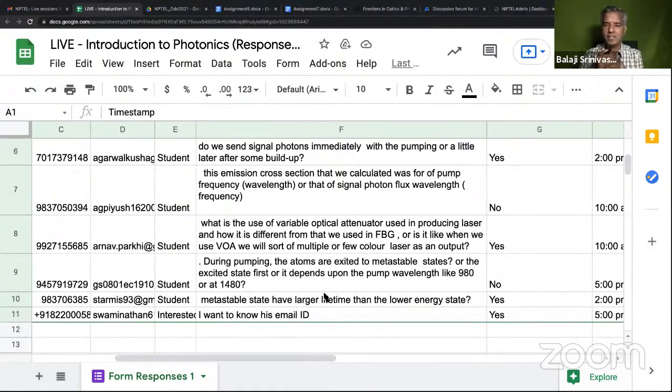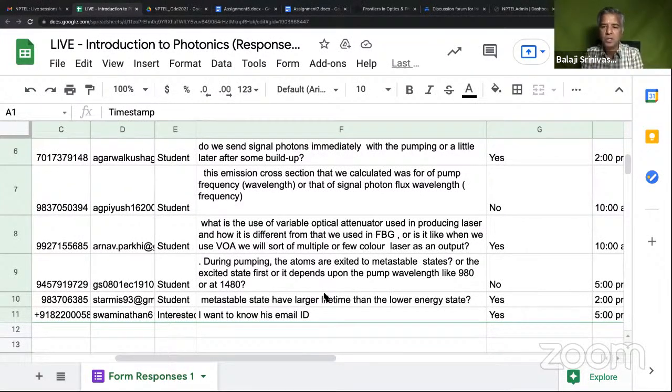Flux actually corresponds to the rate of flow of photons, the number of photons per second. So that actually is not an issue here. I think what they meant is whether it is for one wavelength or the other.